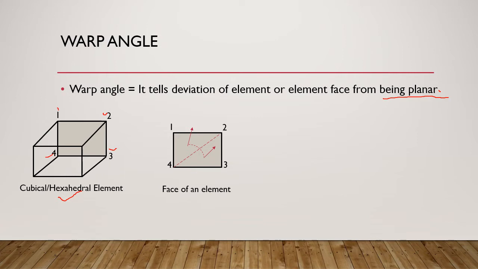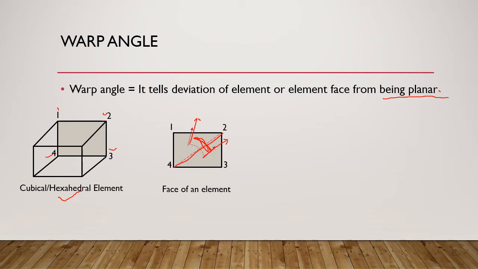Now you divide the face into two triangles by joining the diagonal. Now you draw a line perpendicular to this triangular face, similarly for the other triangle, and you measure the angle between these two normals, and this will tell you the warp angle. Similarly, you repeat the process for the other faces, and you will get your warp angle.